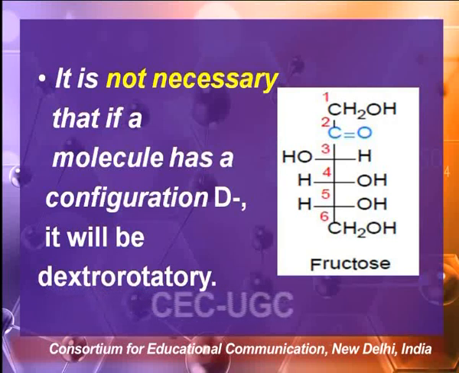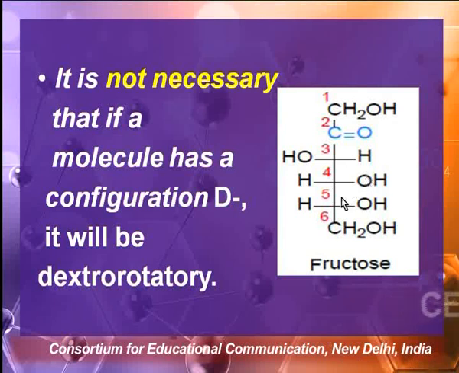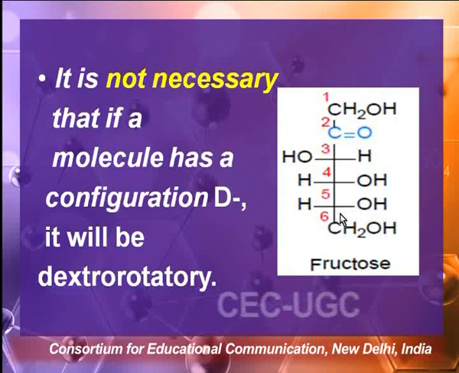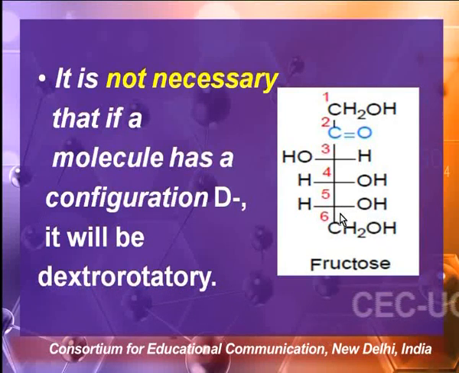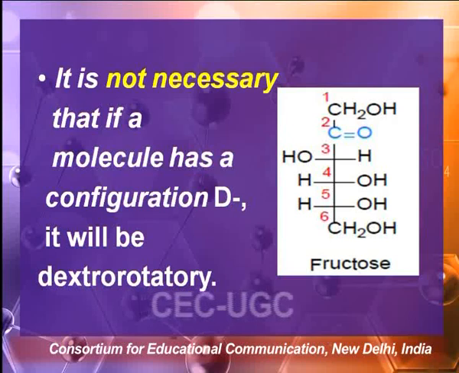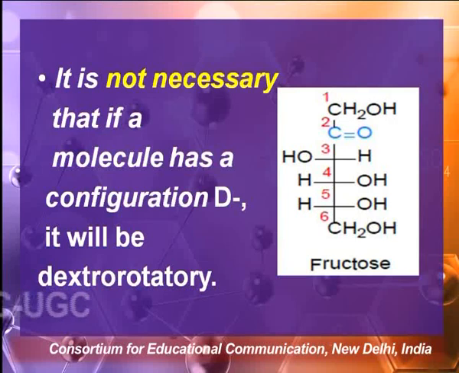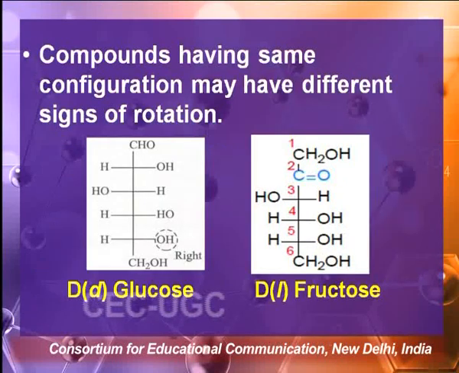And we know that fructose belongs to D series because it has OH on the right hand side on the highest numbered asymmetric carbon. But at the same time, we also know that fructose is levorotatory. So that means it is not necessary that if the molecule is having configuration capital D, it will be dextrorotatory.